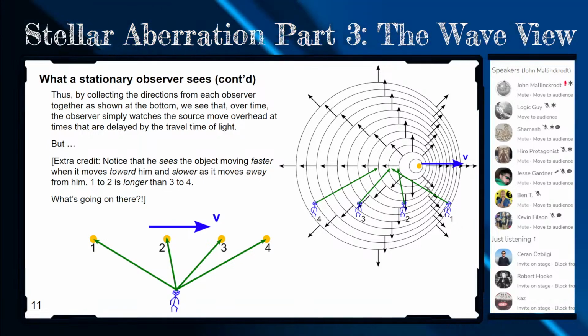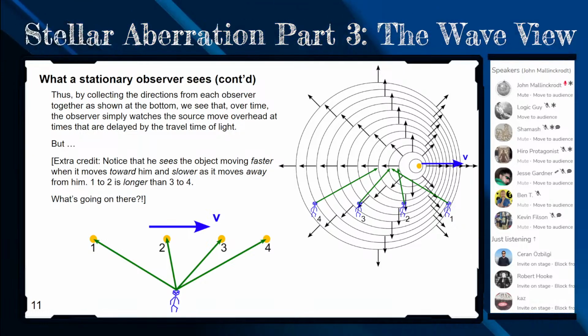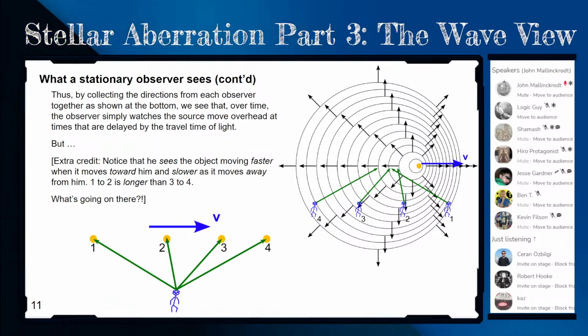There was only a short period of time when it was kind of passing you. During all of the time when it was coming toward you, it's going to appear to be moving fast, pretty much the same speed. All of those angles will be very much to the left. Whereas long after it's passed you, all of those angles are going to be very much to the right, and it is basically just moving away from you.